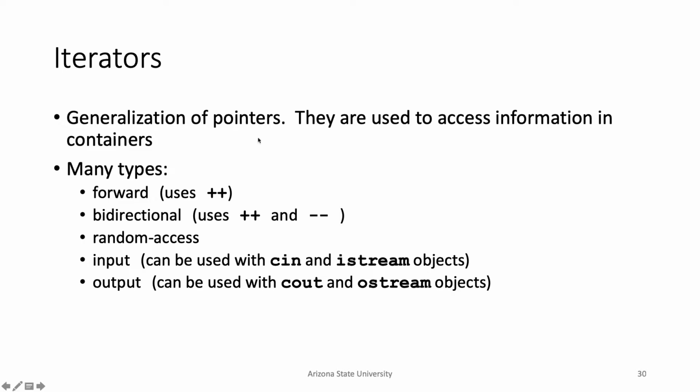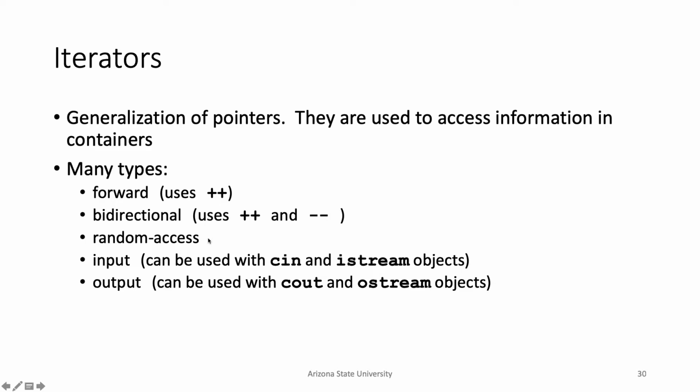So they are a generalization of pointers, and they have some overloaded operators. So there are different types of iterators depending on the situation that you want. So there are what are called forward iterators, bidirectional iterators, and random access iterators.